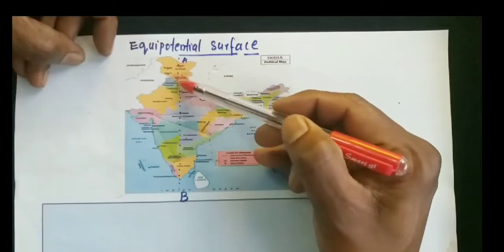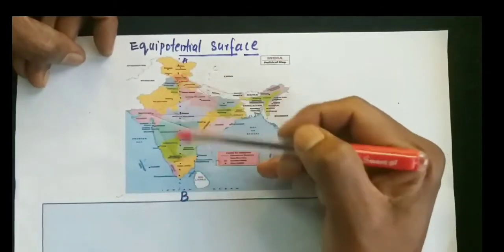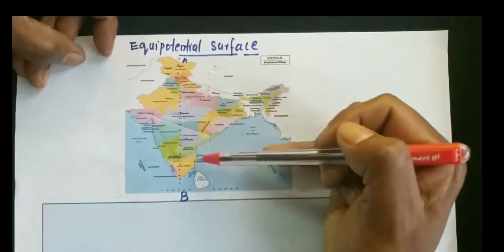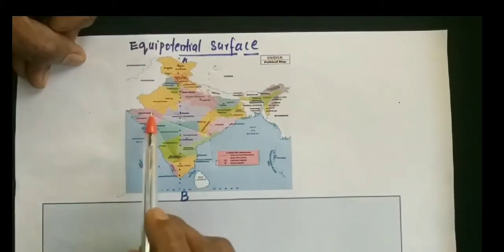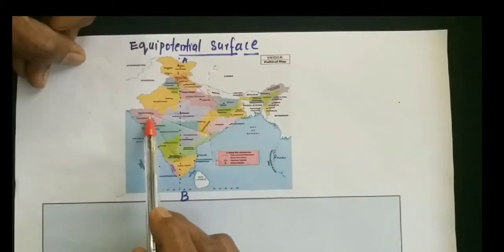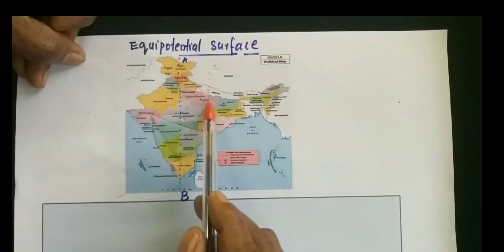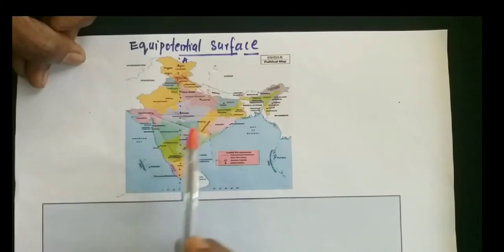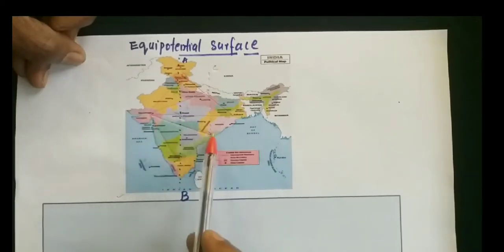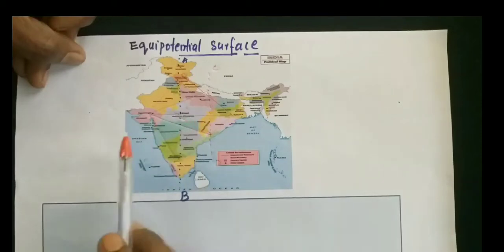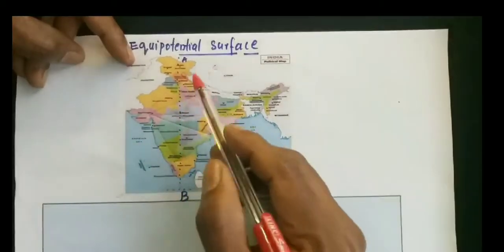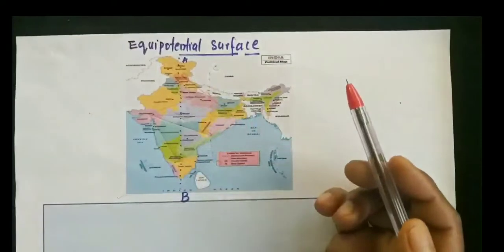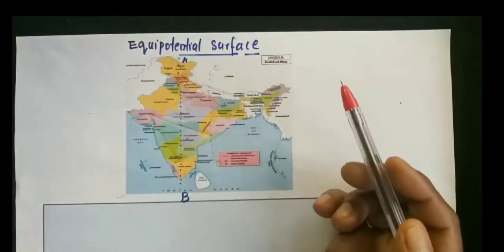In very simple language, I am telling you, if you belong to Gujarat, you will have the same tendency to visit all the places which lie on the line AB, that is some part of Punjab, some part of Rajasthan, Madhya Pradesh, Tamil Nadu, Kerala, etc.